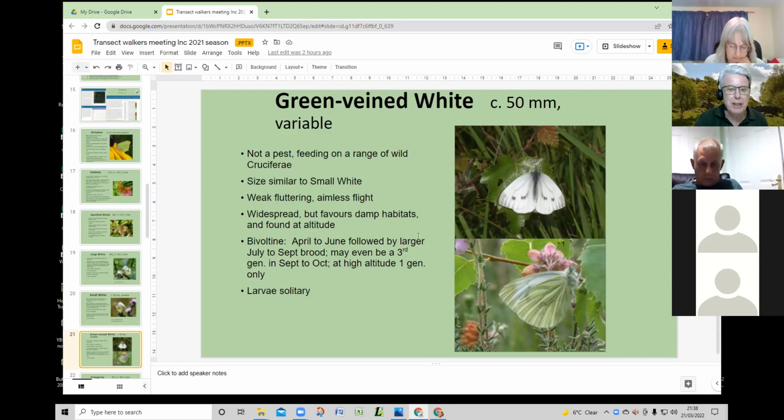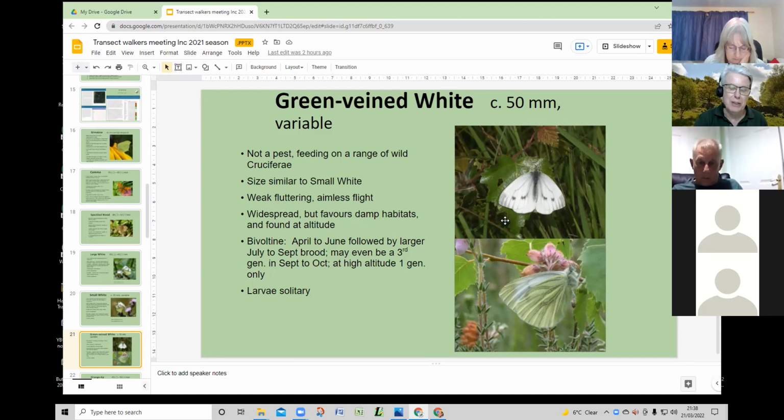Green-veined white: the first characteristic in flight is that it generally has the least attitude of them all, the most random, the weakest flight. In early spring it can be very small, quite variable in size. If you see a very small white fluttering near a damp area or anywhere near woodland, you can pretty much guarantee it's a green-veined white, even if you never see it landed.